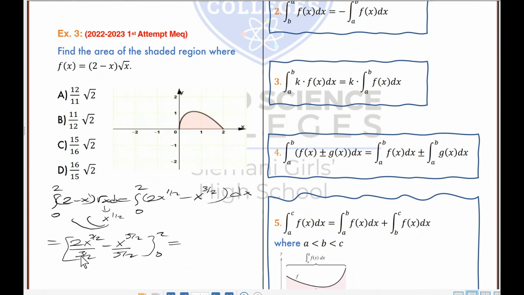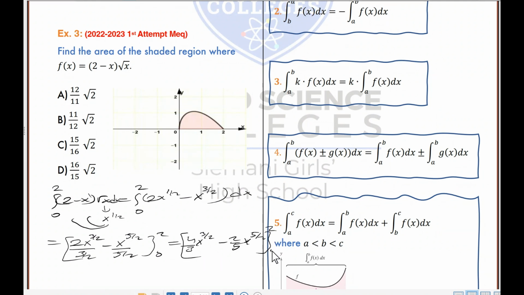Let's simplify this a bit. 3 over 2 in the denominator makes 2 over 3 in front. So 2 times 2 over 3, 4 over 3, x to the 3 over 2 minus 2 over 5 in front, x to the 5 over 2.